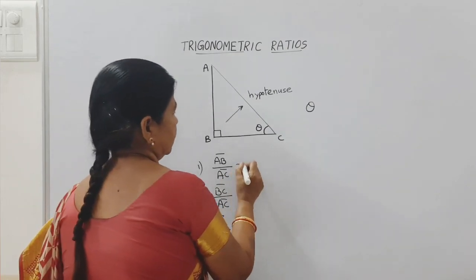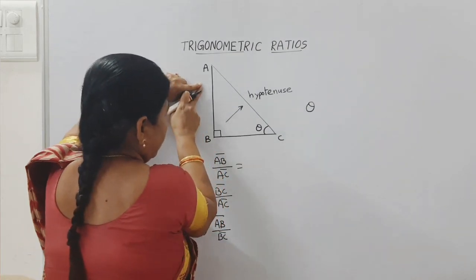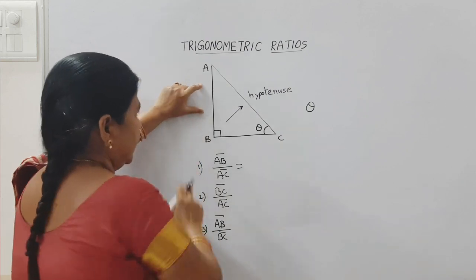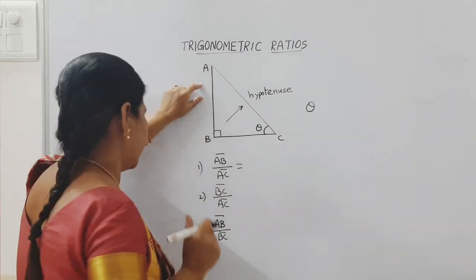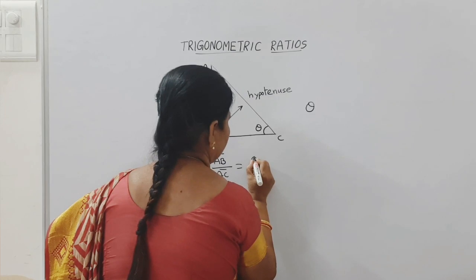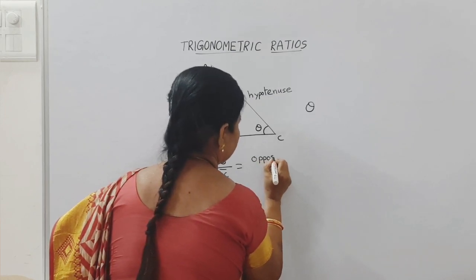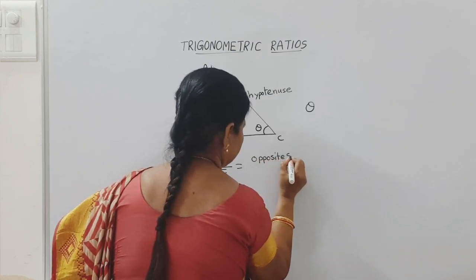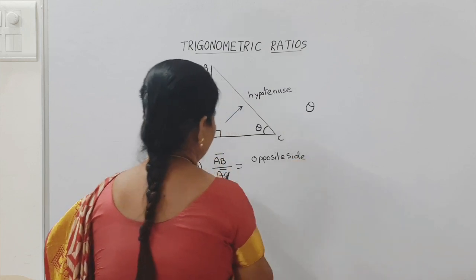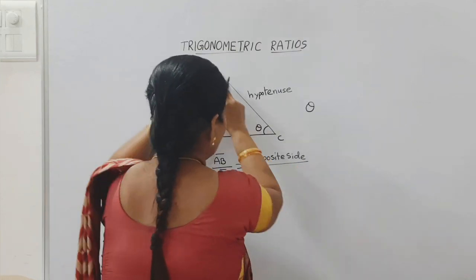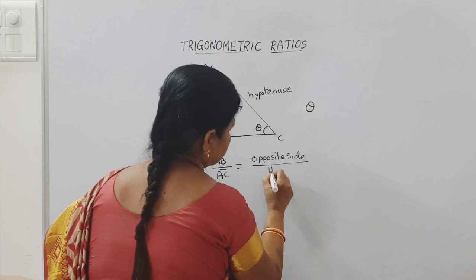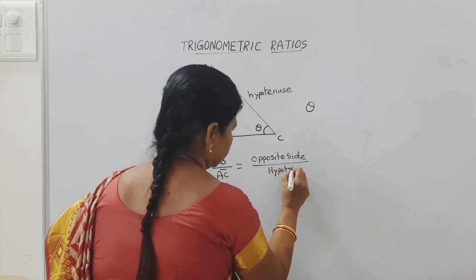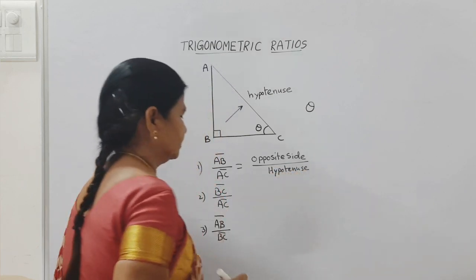So for theta, AB is the opposite side. And AC, what do we call AC? AC is the hypotenuse.